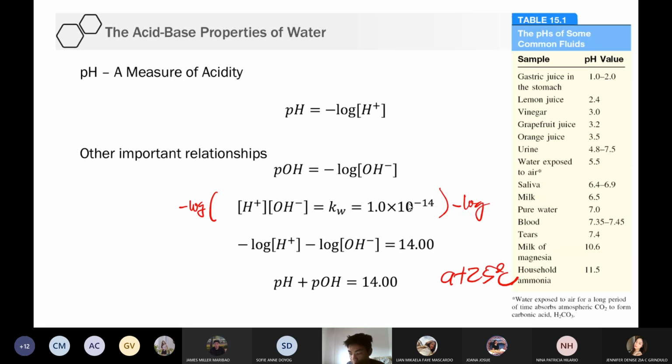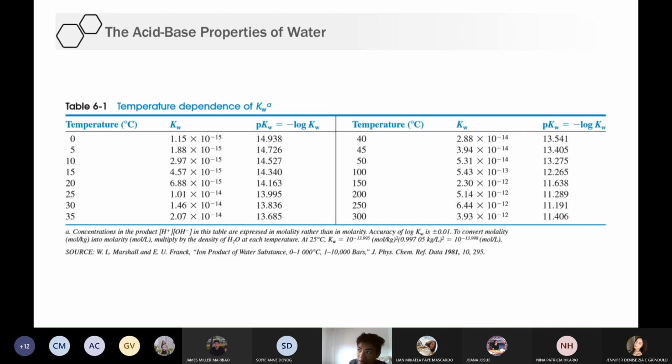Okay? So, yun. However, take note, no, ine-emphasize ko yung degrees Celsius. No? This is only true for solutions at 25 degrees Celsius. Bakit? Kasi at other temperature, the Kw changes. No? Just look at this table. Okay, at different temperatures, your Kw starts to change. So that means the sum of pH and the pOH will change.